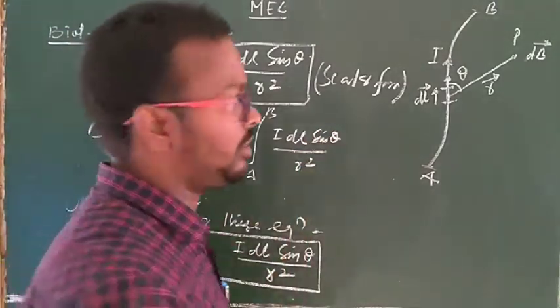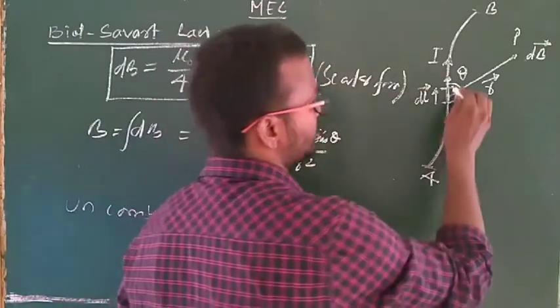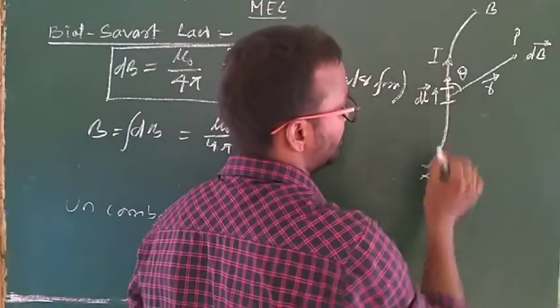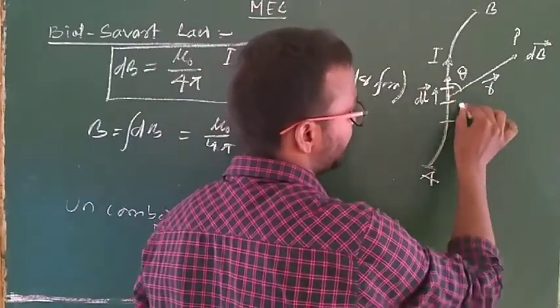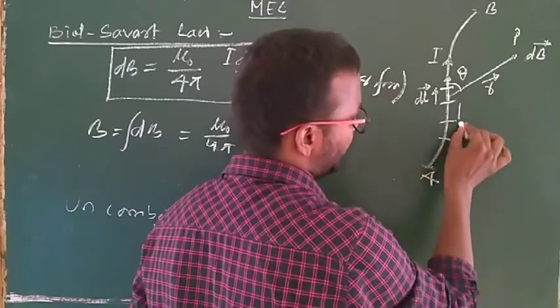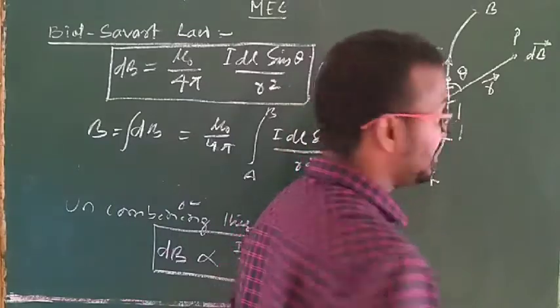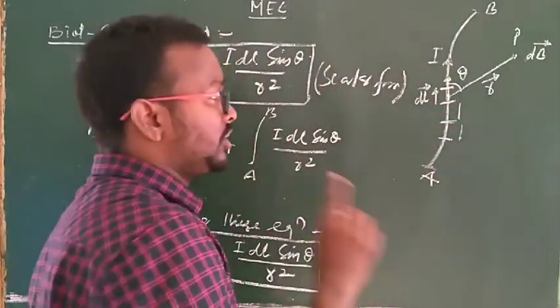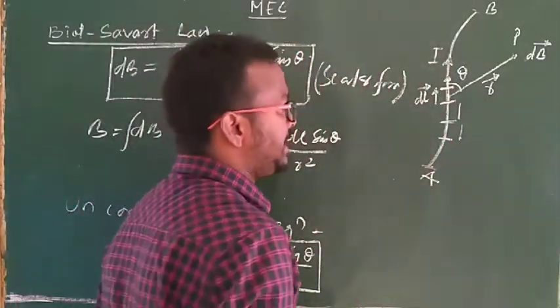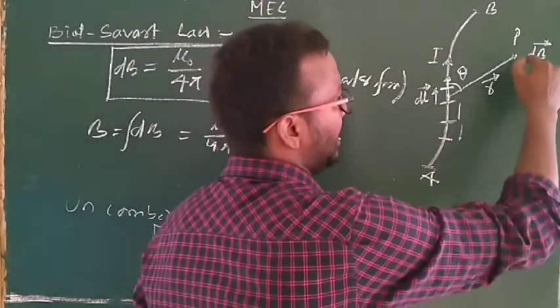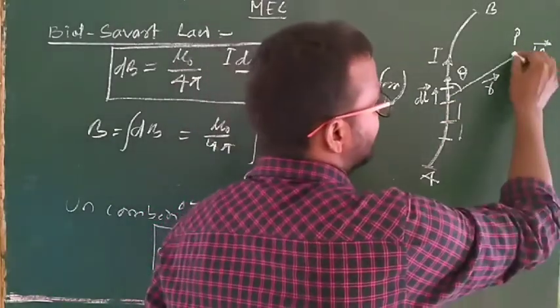Because Biot Savart law is only valid for a small element, first we have to find the magnetic field for one small element, then for the next small element, then for the next small element at this point. Clear? Because the direction of the magnetic field due to the small elements is in one direction.